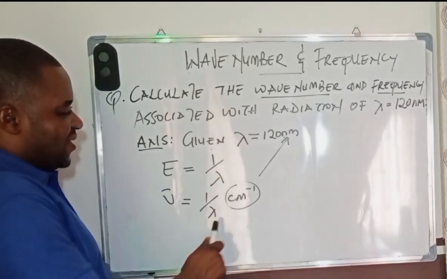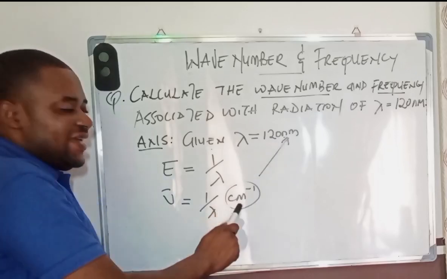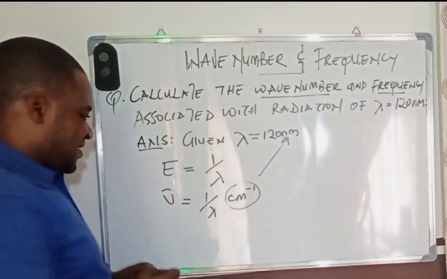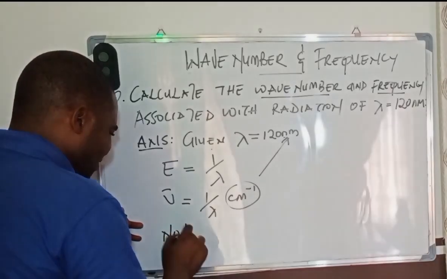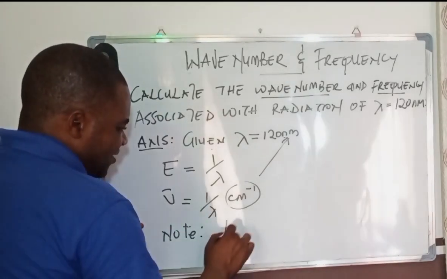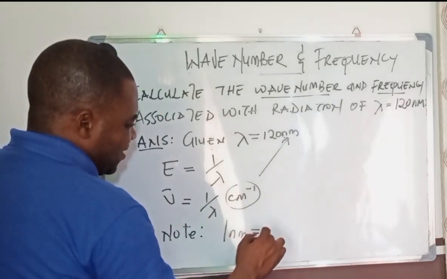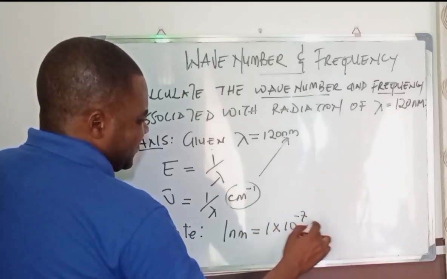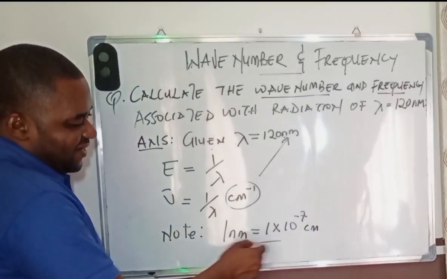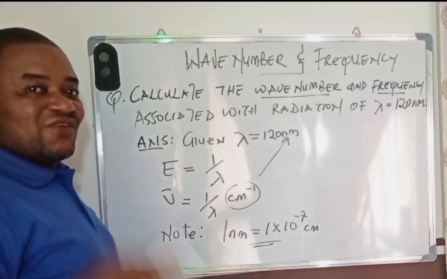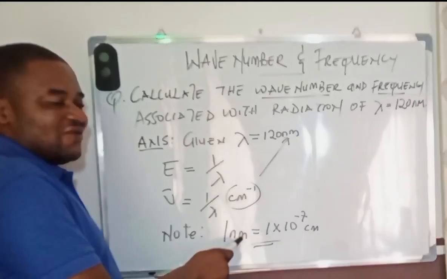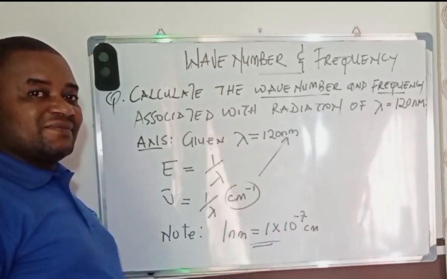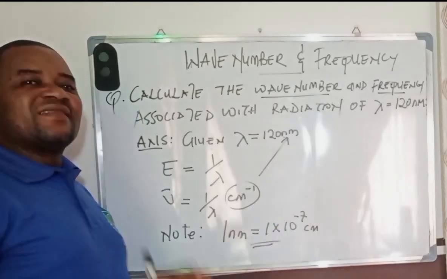But it's not a problem. Always note that 1 nanometer is equal to 1 times 10 raised to power minus 7 centimeter. When you always remember that 1 nanometer is equivalent to 1 times 10 raised to power minus 7 centimeter, then you are fine.